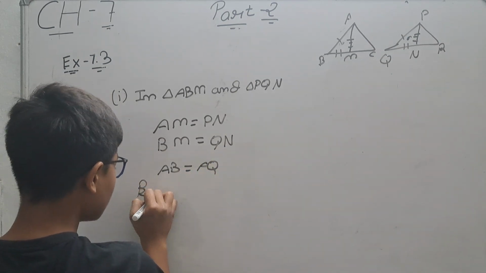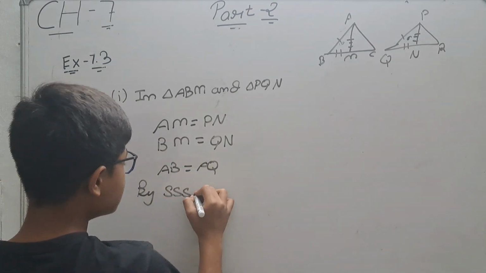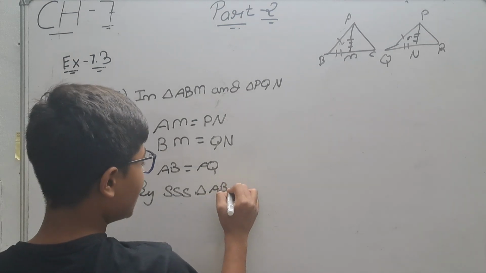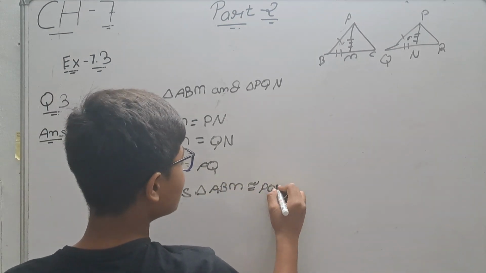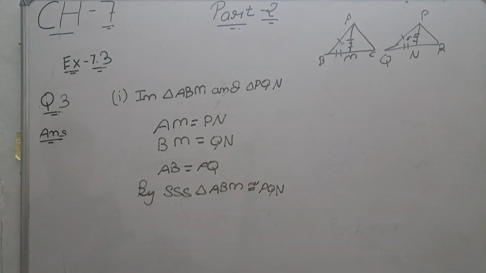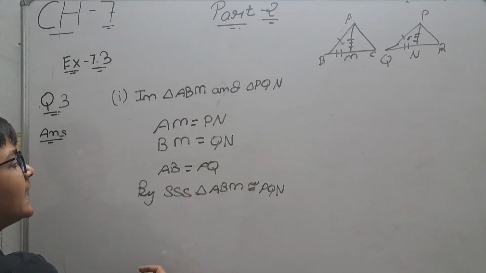So by SSS congruency, triangle ABM is congruent to triangle PQN. So here is the solution of our part 1. Now you can take a screenshot and write it.